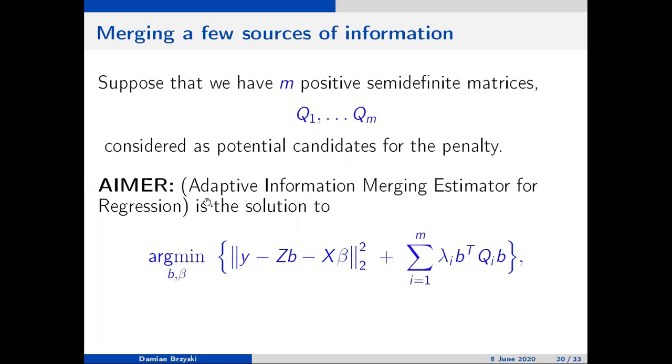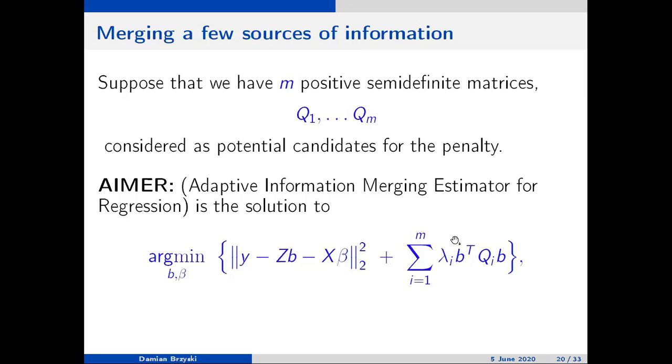So the idea is to consider the optimization problem where you have m parts in your penalty, and each of these parts has its own lambda sub i. So you have b transpose Q sub i b, and the parameter lambda is set here. Of course, you have to select these parameters, and now it's more difficult because you have m parameters to select.